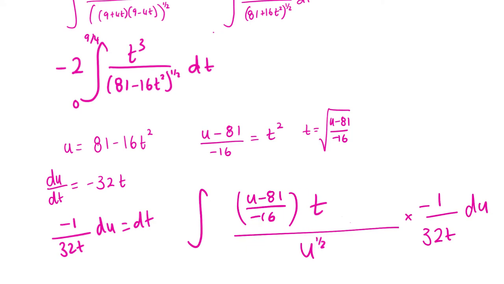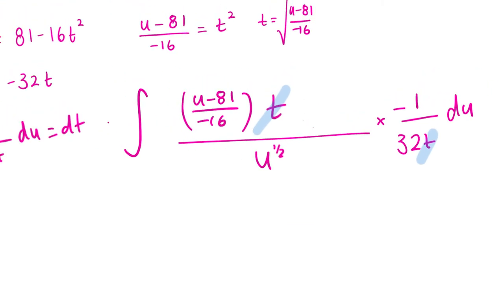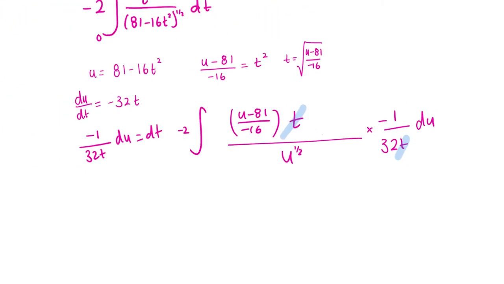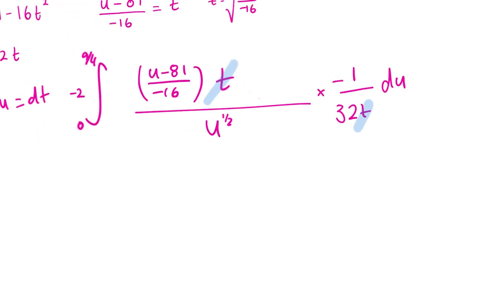Now what does this mean? It means these t's are going to cancel. It's a beautiful day. Okay, we don't have to integrate anything really awful. So now, don't forget we still have the minus 2 out here, with limits 9 over 4 and 0. So now what do we have?